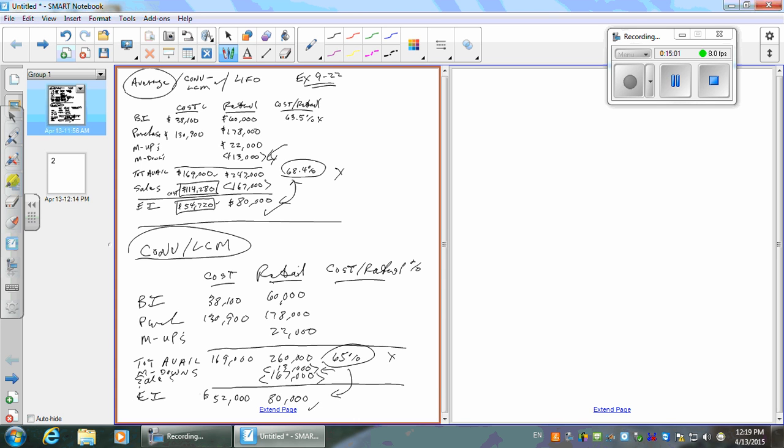That is my what? Ending inventory at cost. What's my cost of goods sold? 169 less 52 is how much? Okay. What if you took 167 times 65%? What would you get? 167 is the sales, 65% is my cost of retail percentage.